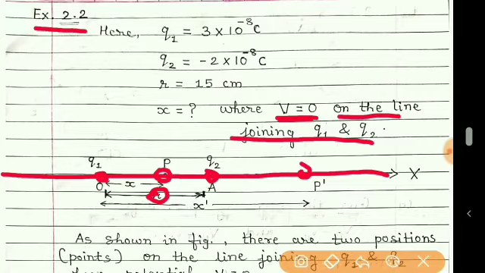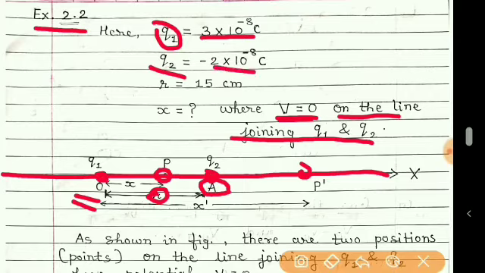Now it is because one of the charges, Q1, which is at point O, is positive, and the other charge, which is at point A, is negative.